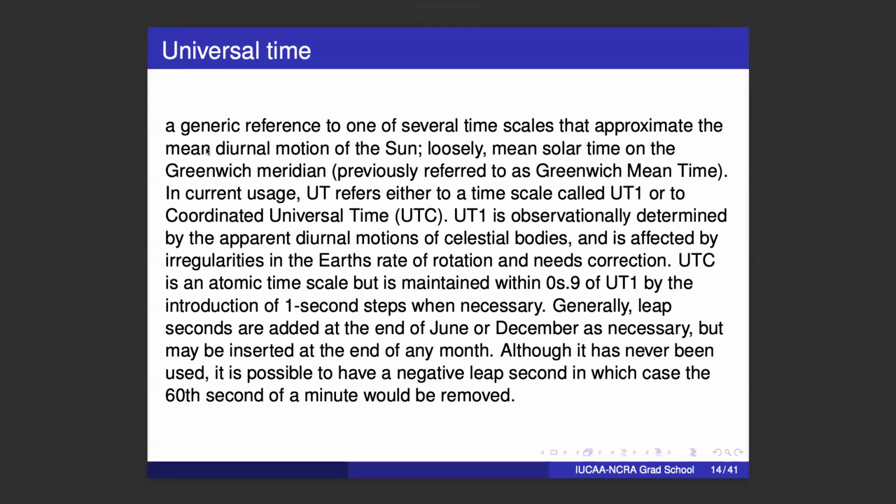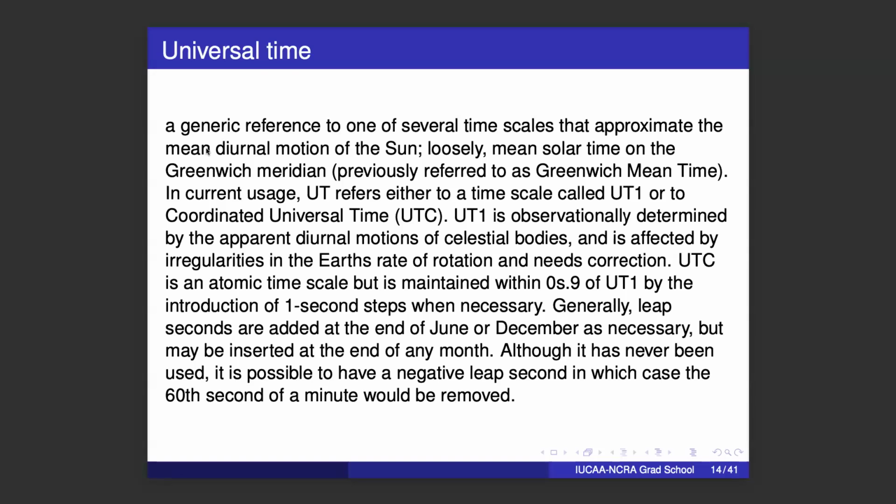So by your clock, from sunrise to sunrise, will it take exactly 24 hours? No. Why is that? Yes, the Earth also moves in its orbit.